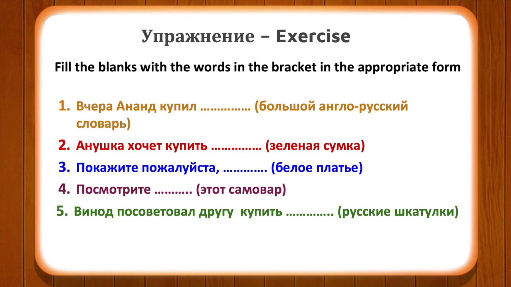Now русские шкатулки is in the plural form, шкатулка, шкатулки. Русская шкатулка, русские шкатулки. If it had been singular, you would have said Винод посоветовал другу купить русскую шкатулку. But as it is plural, we say Винод посоветовал другу купить русские шкатулки.